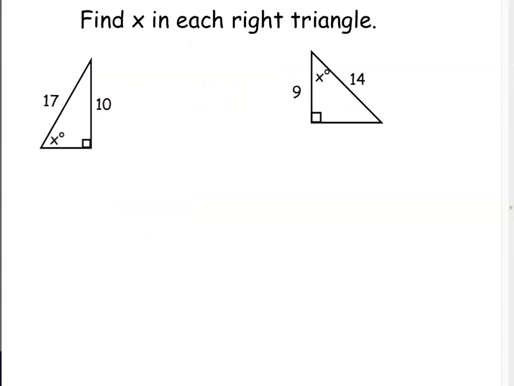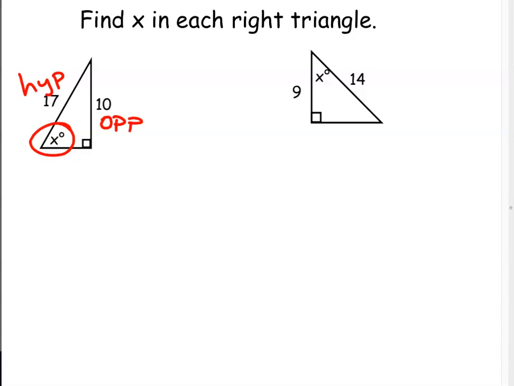All right, so go ahead and set this first one up. Which sides are we using if we're dealing with angle x? 10 would be opposite, and 17 would be hypotenuse.